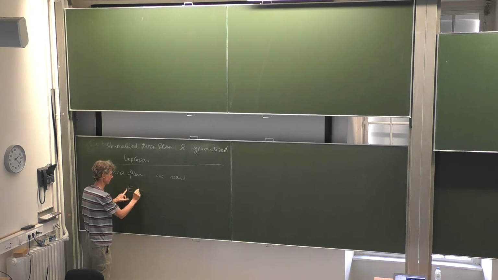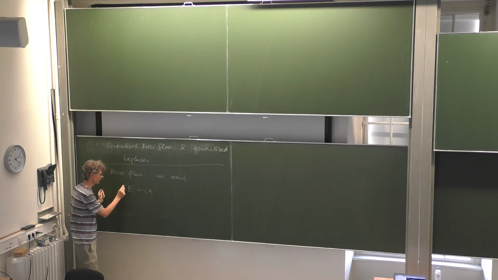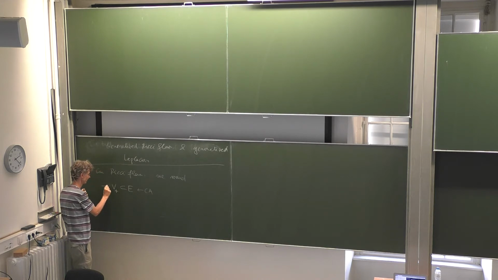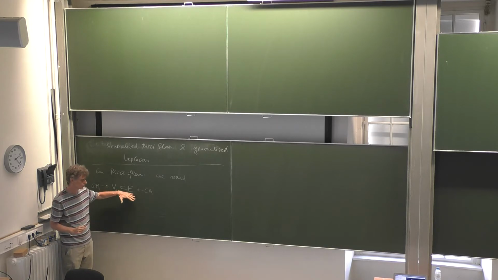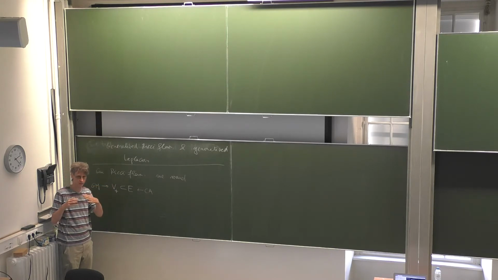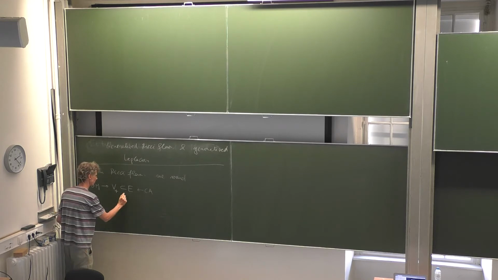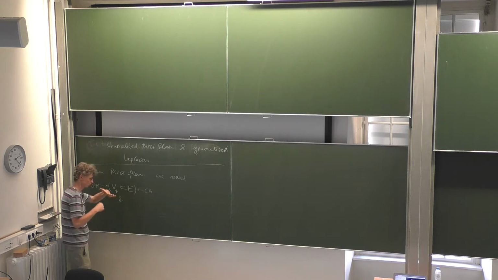If this guy is a Courant algebroid, and if inside we have a generalized metric, then each time we see such a situation, we want to have some kind of flow of this vector subbundle V plus inside of E. So from that, we want to cook up some movement of this V plus as it is inside of E.